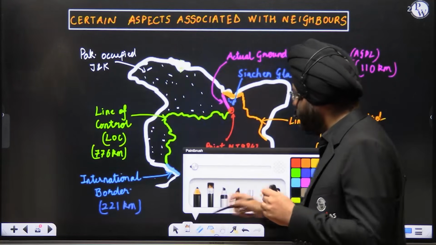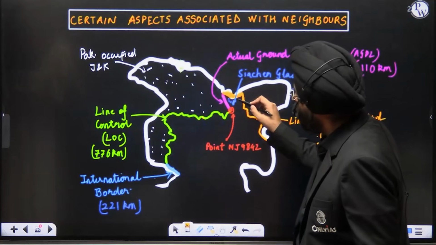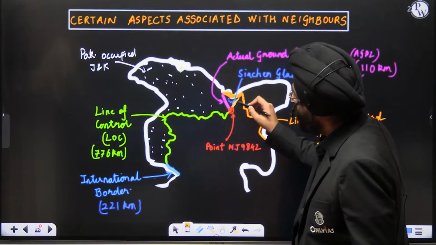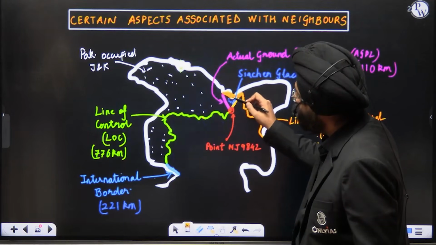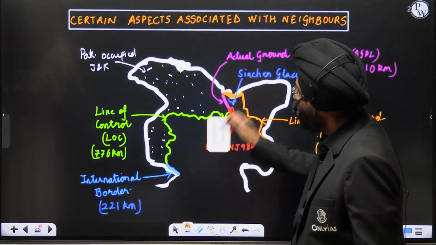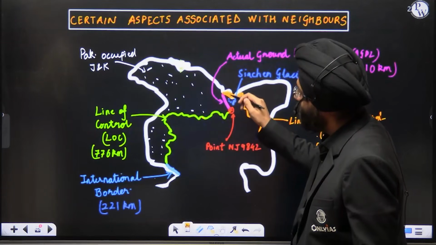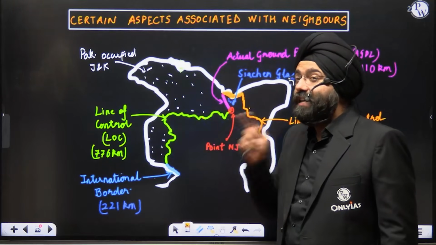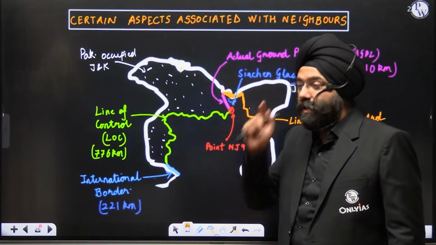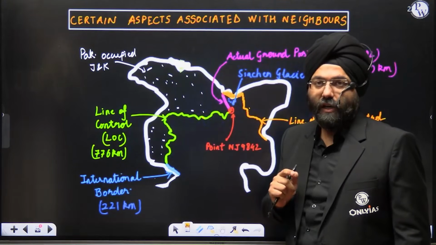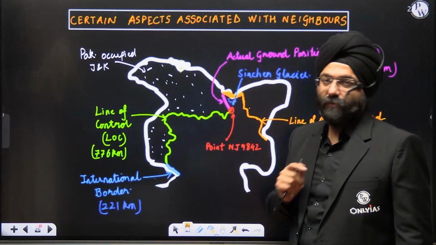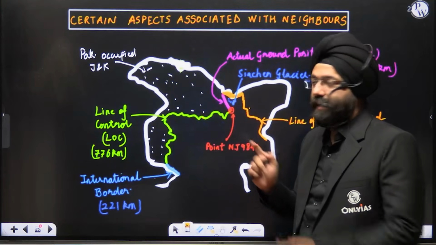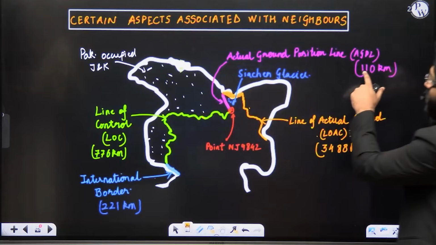Now what Pakistan says is, no, this is the line. We have our Pak occupied Kashmir and it should be till here. But India says no, Siachen is ours, so we have this line, that is the actual ground position line. So this is the region where the Indian soldiers are located in the highest battlefield in the world, guarding our borders. So this line is the actual ground position line. The length is 110 kilometers.